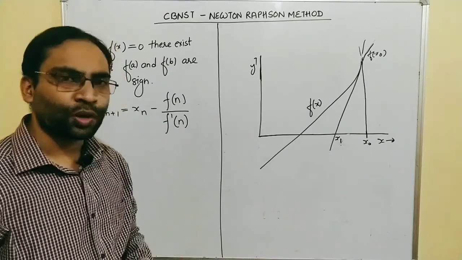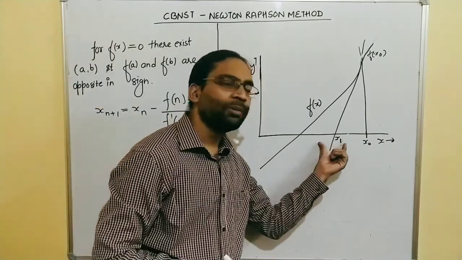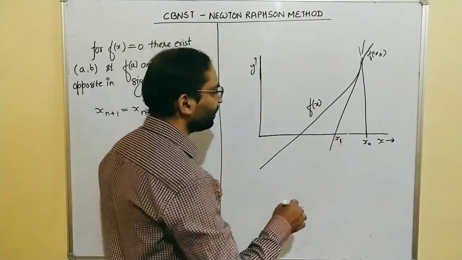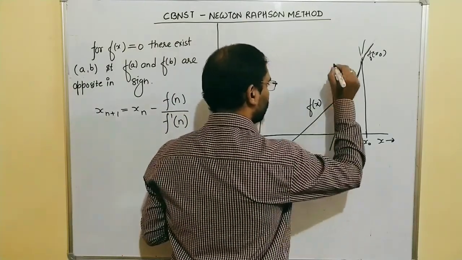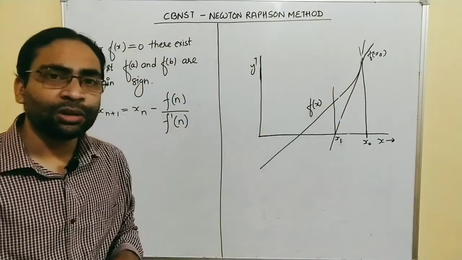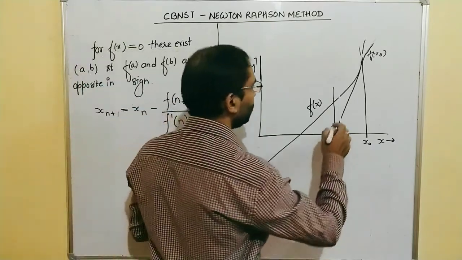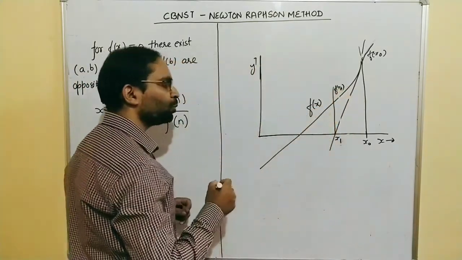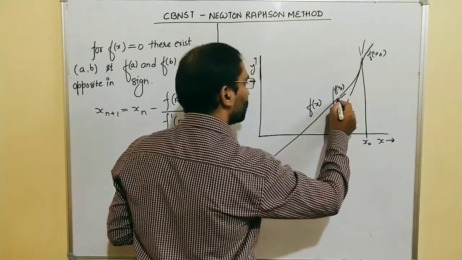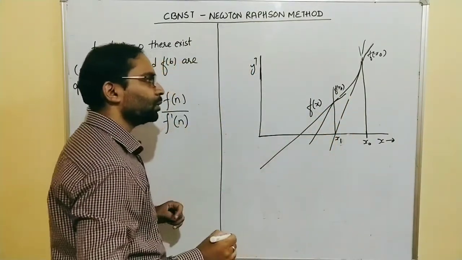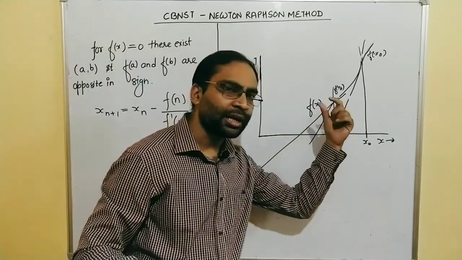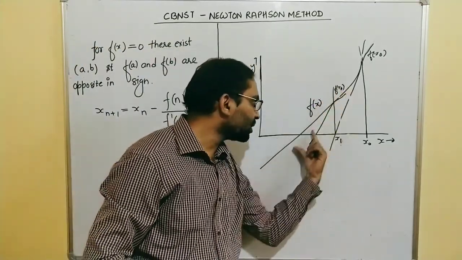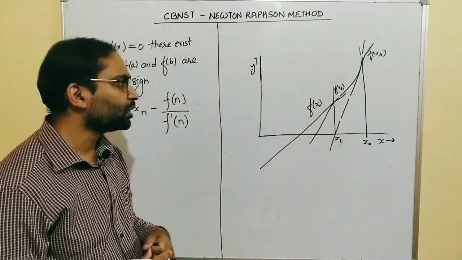Now we'll repeat this process, and from this new approximate root, we will draw a perpendicular onto the curve. Again, this perpendicular will cut the curve at some point. This will be known as f(x1). From this point, we will again draw the tangent.